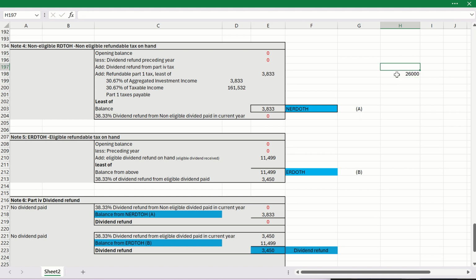Let's assume that the company has $600,000 in taxable income, and the SBD limit is $500,000.